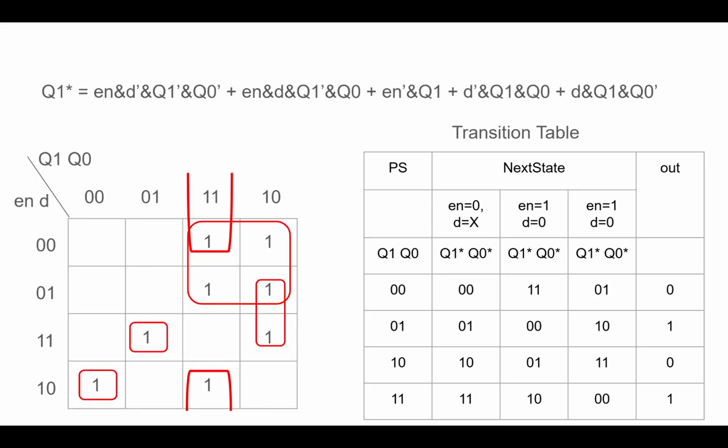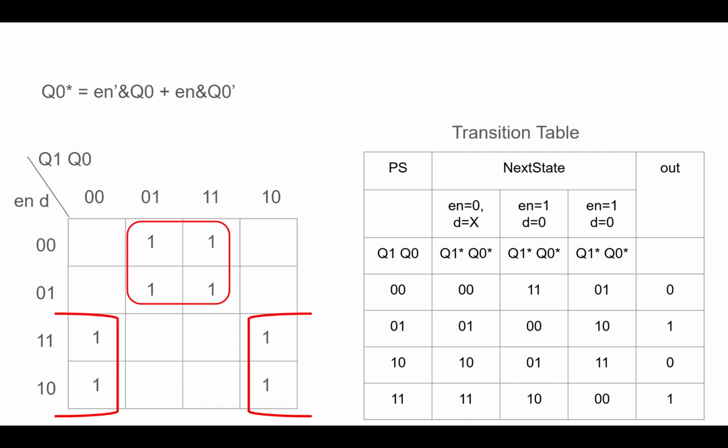Using this information, we then treat our Q1 star in the table as our output that we're doing first, and we'll transpose our minterms, or the situations where it has a 1, into our K-map. That produces the map on the left, which is then transposed into the expression you see on the top there.